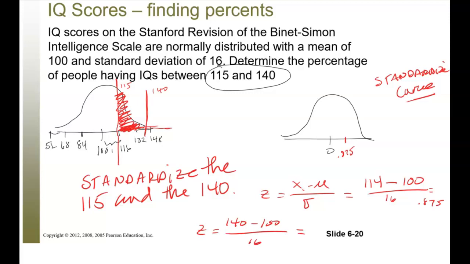And again, it should be between 2 and 3. Let's double check that. Yep, 2.5. That makes sense because doesn't 140 fall directly between 132 and 148? Directly between the second and third standard deviation. And that puts us at 2.5. I'm going to just redraw this curve real quick because I don't like it.